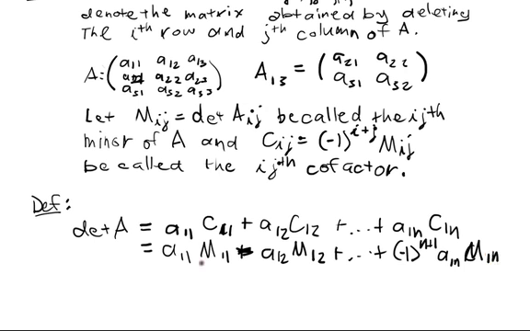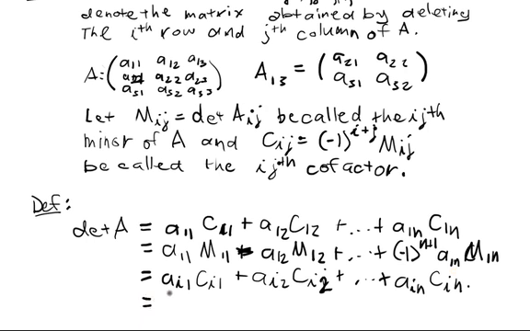But the thing is, this we could take as the definition, but you can actually expand along any row or any column. So let's suppose we expand along any row. This is expansion along the first row, and for the ith row we have A_i1 C_i1 plus A_i2 C_i2 plus all the way up to A_in C_in.